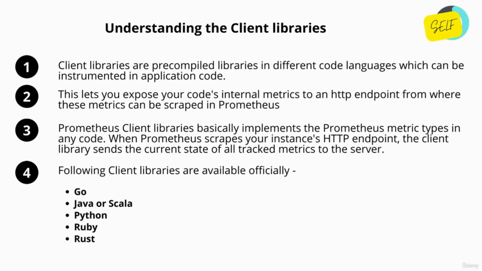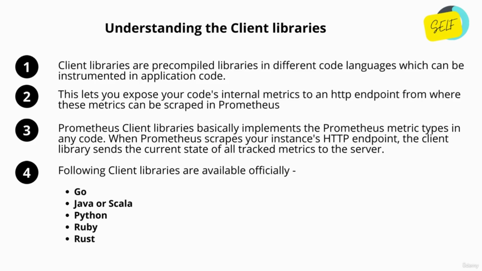Now the next thing is Prometheus client libraries basically implement the Prometheus metric types in any code. What does that mean? Prometheus has 4 major metric types: gauge, histogram, summary, and counter. These are the 4 major metric types which Prometheus uses, and based upon these metric types all the metrics are created.